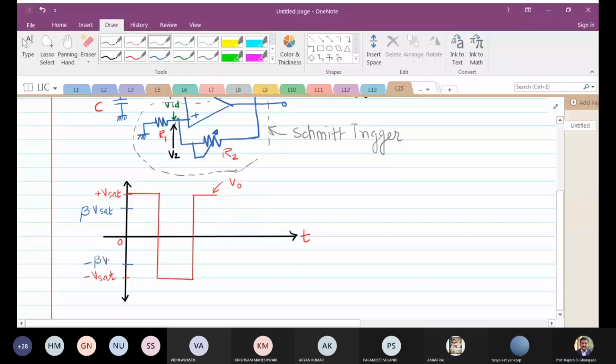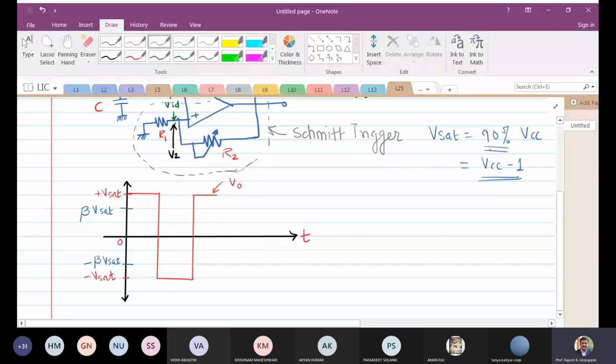Please remember what is beta; we are going to see very soon. Vsat, all of you know. Just to remind, Vsat happens to be 90% of VCC, or sometimes it is taken as VCC minus 1 volt. David Bell uses a convention of VCC minus 1 volt as Vsat, but most of the time we take 90% of VCC. These are all conventions.